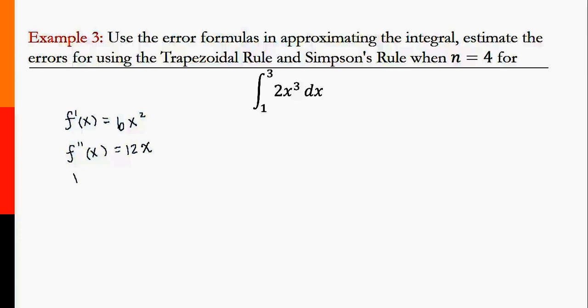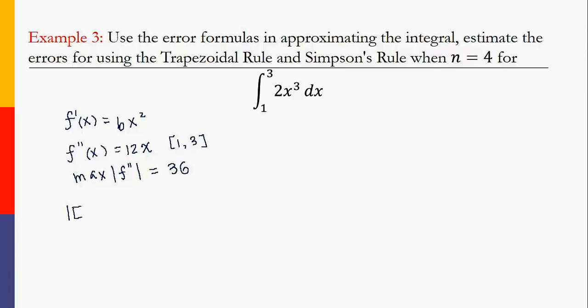Now the maximum of the absolute value of the second derivative on the interval [1, 3] is obviously when x equals 3, so in this case it is 36.